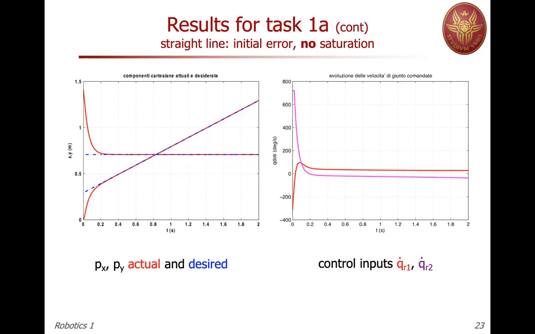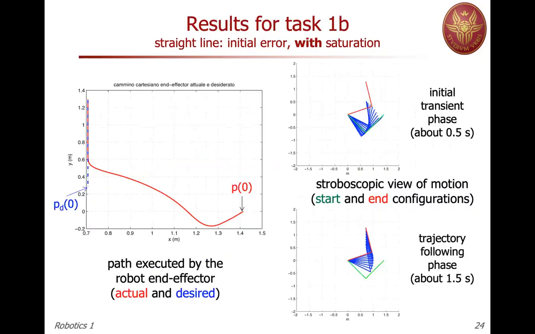So quite small compared to the huge value that I had, because I started with a very large error from the beginning and I have large gains. So I required a pushing action to bring me as fast as possible to the desired trajectory. So recovering the error is done in a very nice way, but the price to pay is huge commands. So nothing comes for free.